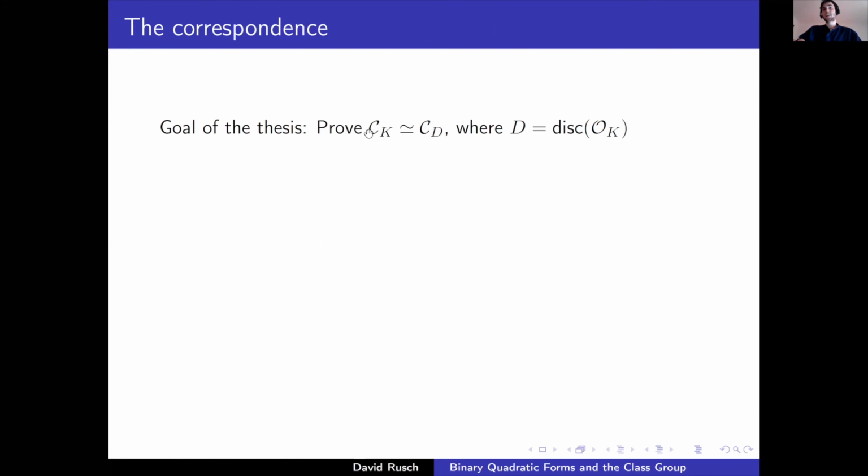So this just says that those two groups here are isomorphic. So this group here is the narrow class group of ideals, and this here is the class group of binary quadratic forms. And D and K are related via this equation here. So K can also be written as Q adjoin square root of capital D.